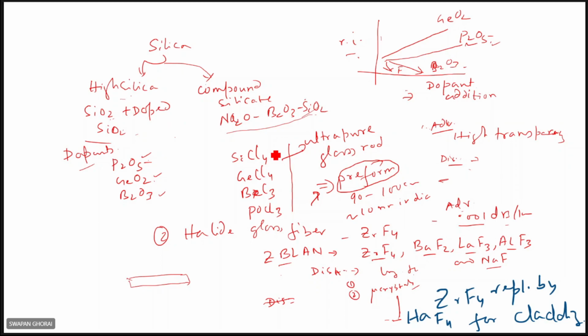These chemical mixtures are there: silicon tetrachloride, germanium chloride, boron chloride, phosphorus chloride. Vapor phase reaction of these chemicals, right? They will form the ultra pure glass rod. Whenever vapor phase reaction takes place, then the ultra pure glass rod is made, which is called preforms.